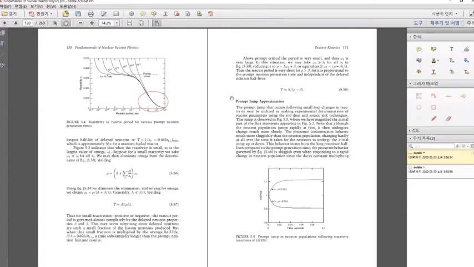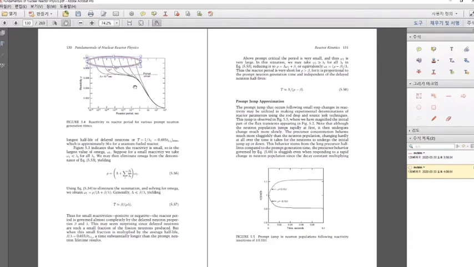And another extreme is above prompt critical. So this time we are going to look at here. This is the reactivity corresponding to prompt criticality, and above prompt critical.